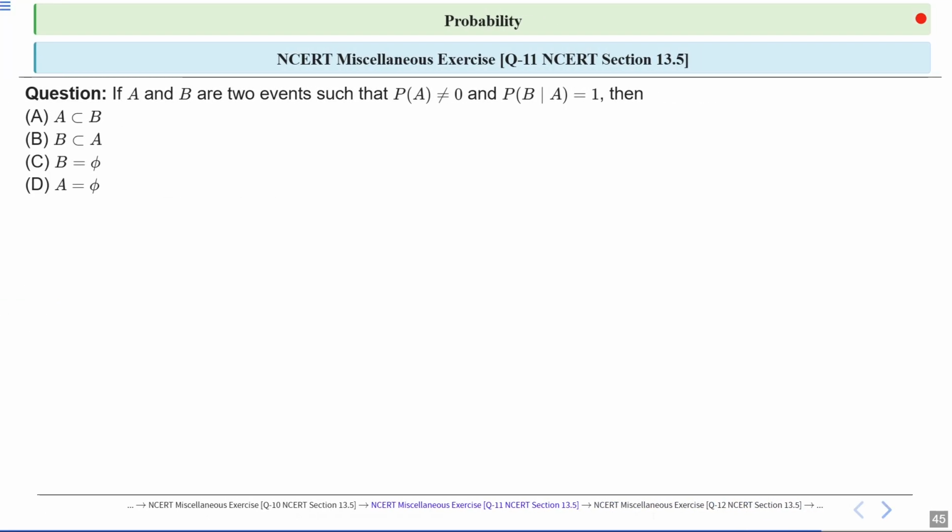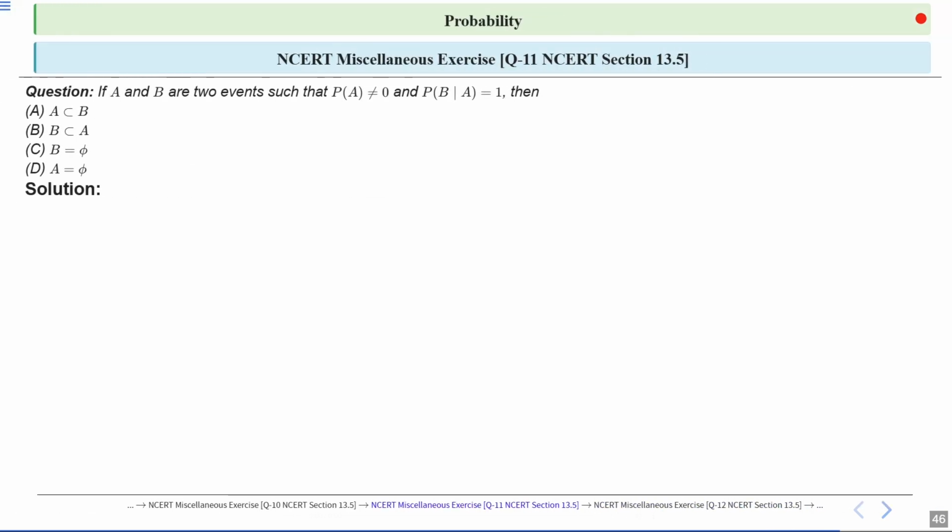Given events A and B, probability of A is non-zero and probability of B given A is 1. Find which option is true among the given 4 options. First of all, try it yourself and then see the solution. Let's start the solution step by step. Probability of A is non-zero and probability of B given A is 1.